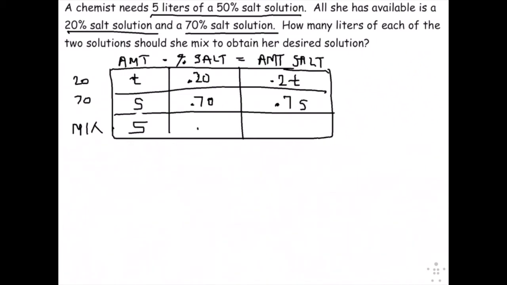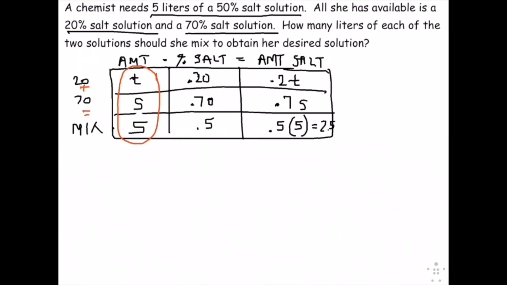So this is 0.5, and that's 0.5 times 5, which equals 2.5.